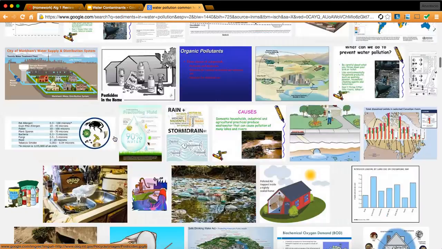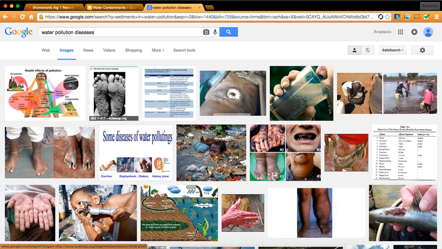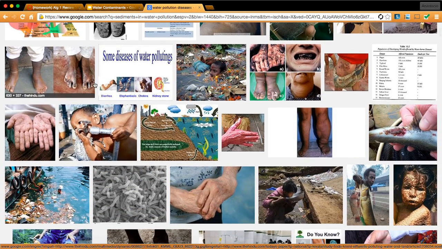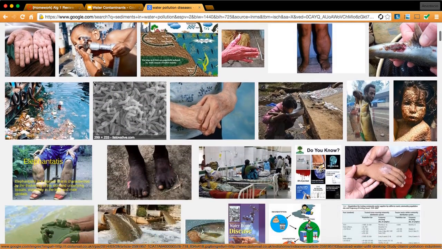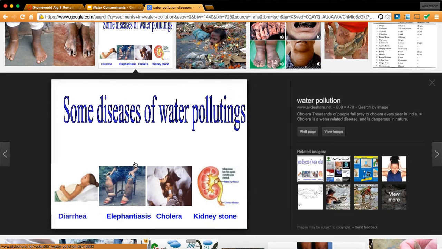What kinds of diseases are related to water contamination? All right. There's some pretty crazy gross ones that are all related to water pollution. Some diseases of water pollution: cholera, kidney stones, diarrhea.